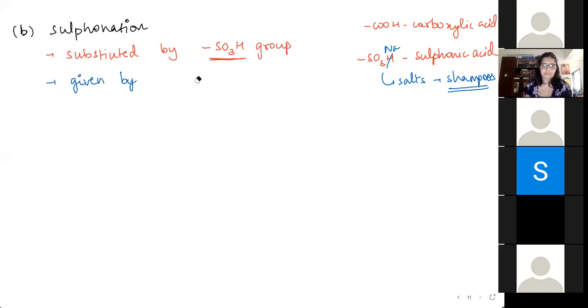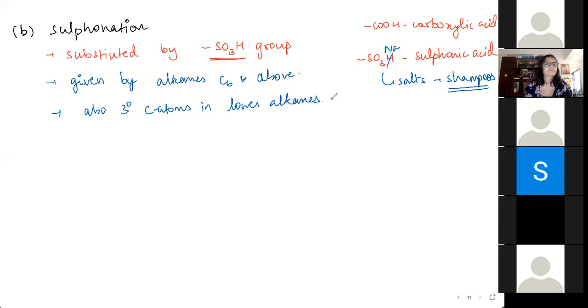If you end up having fewer carbon atoms, less than C6, then tertiary carbon atoms in the lower ones will do.